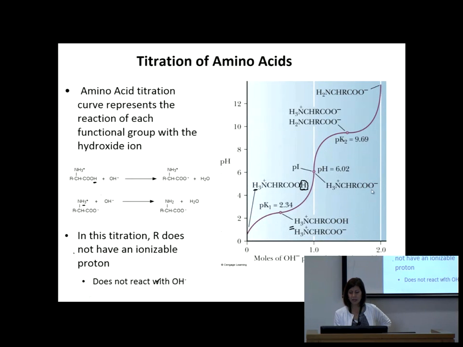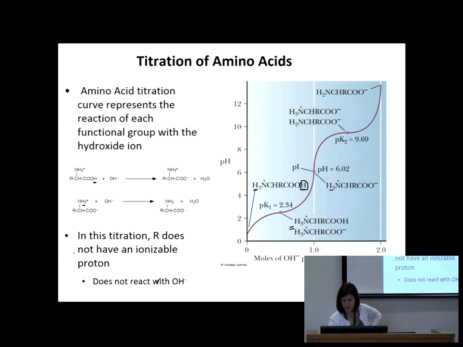Once that's fully neutralized, which proton is the hydroxide going to go after? There's no more baseballs in my acid hand. It's going to go after the baseball in your base hand. So it takes more and more and more, and we start to go after that one.